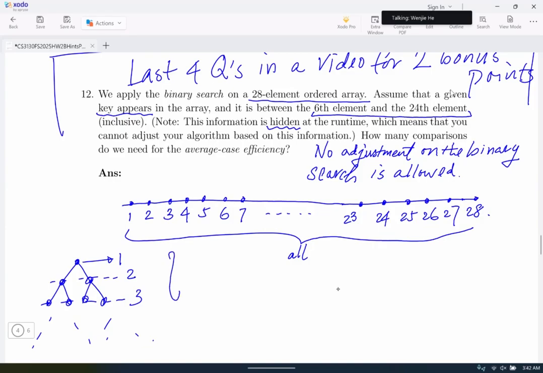So you need to look at module 4, part B.2, B.3, average case efficiency.